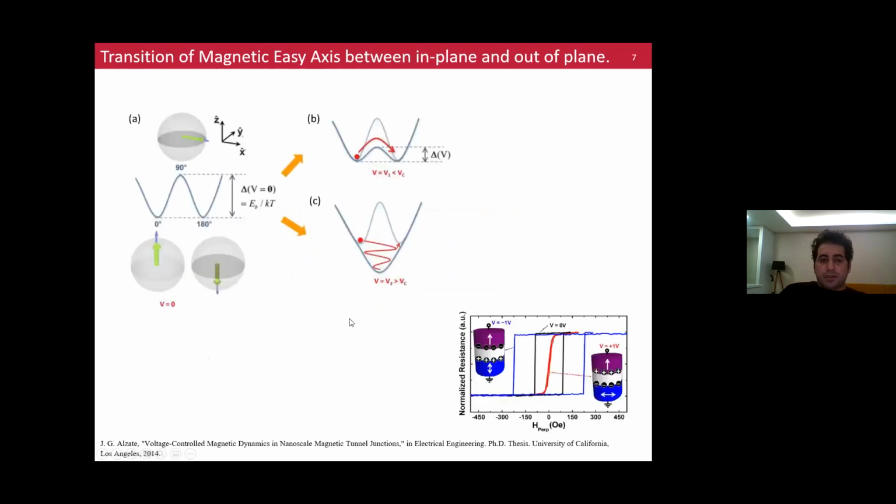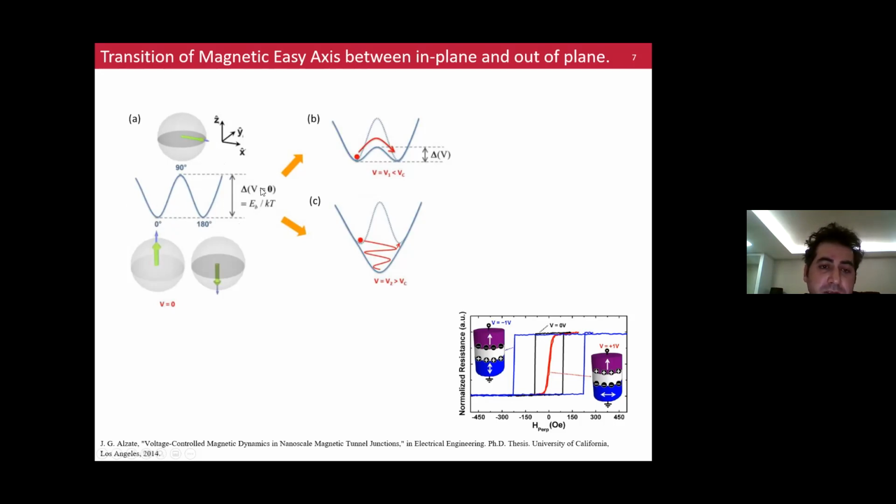They explained this phenomenon by drawing energy density profiles. Here there is a Stoner-Wohlfarth energy profile, where the y-axis shows energy density and the x-axis shows the angle from the positive z direction. 0 degrees means the positive z direction, and 180 degrees means the negative z direction.